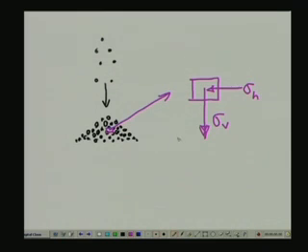Typically in this case, sigma h is controlled by the friction angle, and it is given by sigma v times 1 minus sine phi.